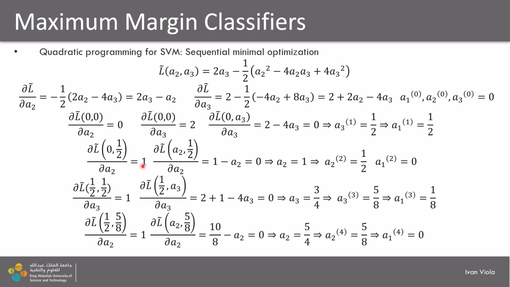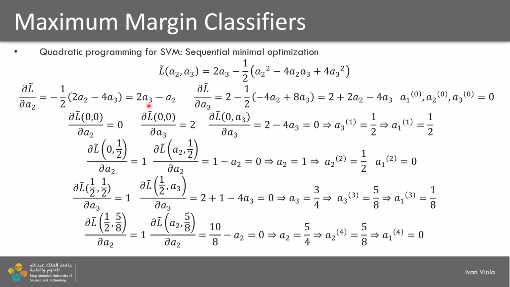That means that we can increase A2, and the question is by how much. We maximize the Lagrangian if we fixate A3, and the partial derivative of the Lagrangian with respect to A2 leads to 1 minus A2.